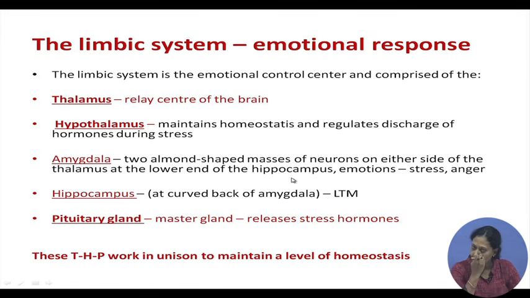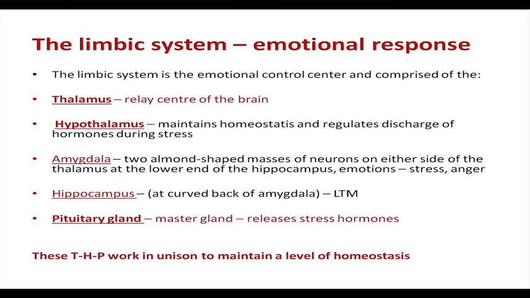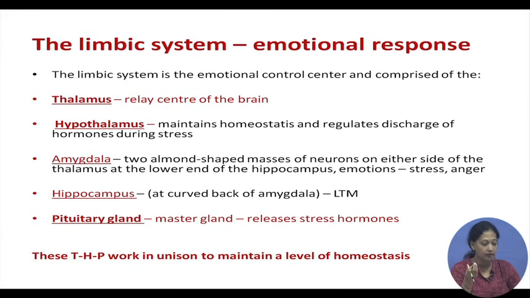If there is a lesion in the amygdala, a very strange, tame response is seen within the individual. So, the amygdala is related to emotions like stress, anger, and also aggression.